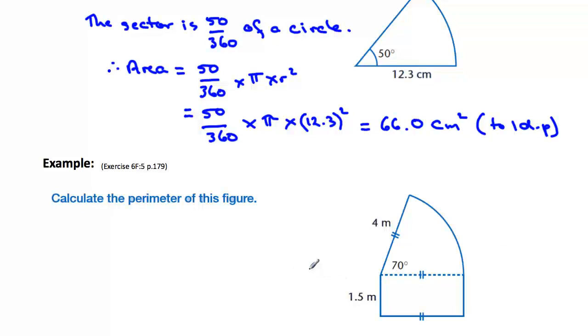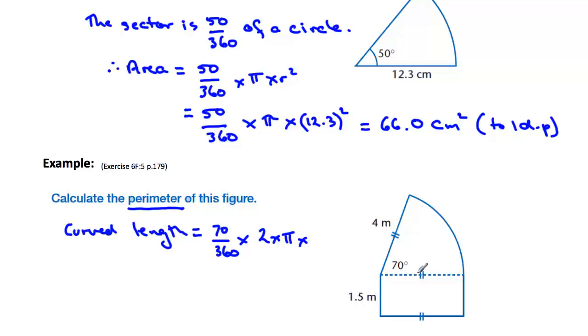Here's what we call a composite figure, because we've got a sector and a rectangle, but carefully read the question. We're looking at the perimeter of this shape. So be careful that you don't go and work out the area of something that you don't have to. So we could say, first of all, that the curved length would be equal to, there's our angle there, 70, so that would be 70/360ths of the circumference of a circle, which is 2 times pi times the radius.